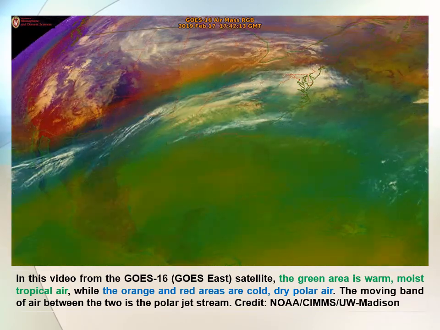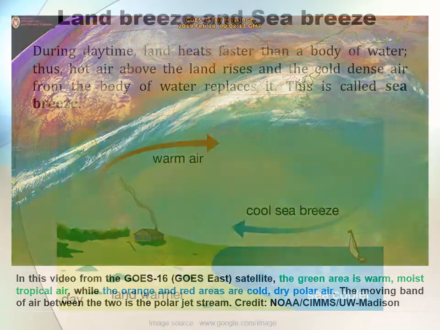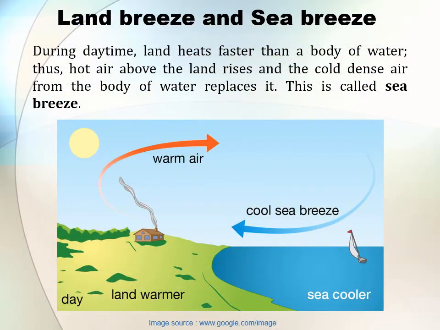Now, apart from this global wind circulation pattern, as I already told you, Earth is not homogeneous. So depending on the distribution of land and sea, and of different land surfaces, there are some local variations which we call local winds.